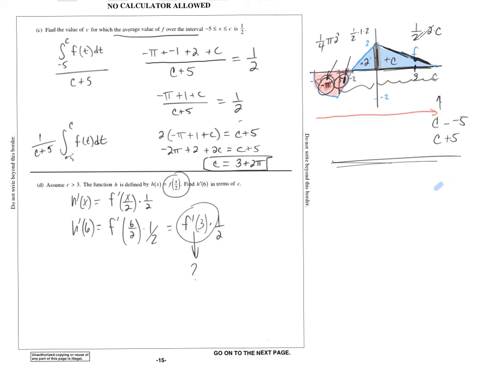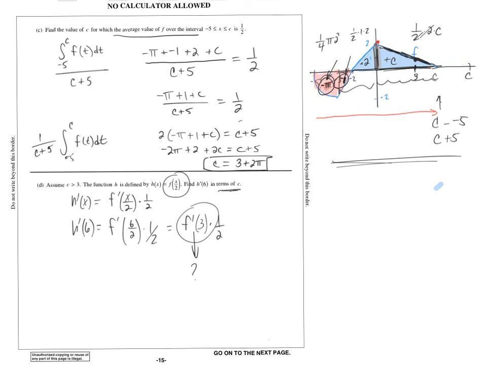Now notice the question says find it in terms of c, which is a good thing because we can't get a numerical value for the slope because depending on where c is, this line slope is going to change. Think about it. If c was way out here, now the line would come down like that, and it would be a less steep slope. But we can just use the formula for slope.